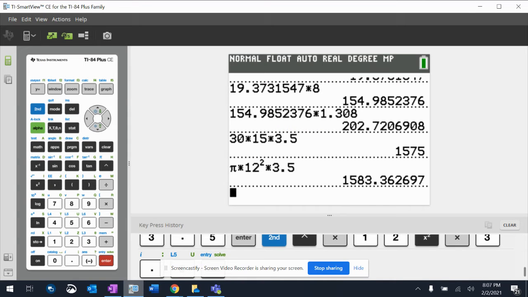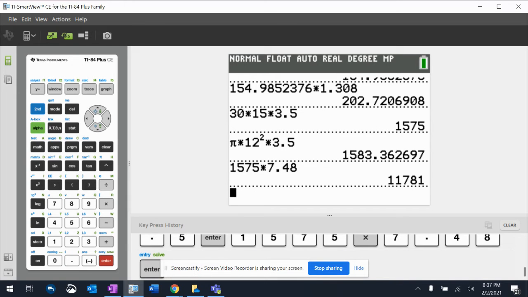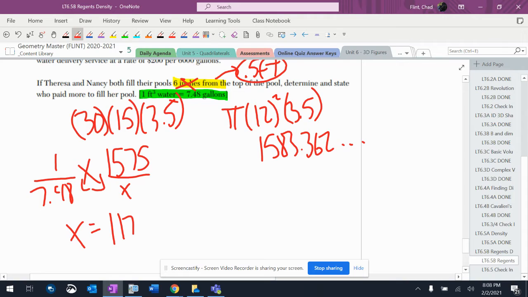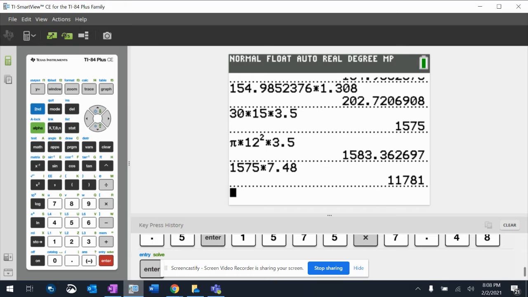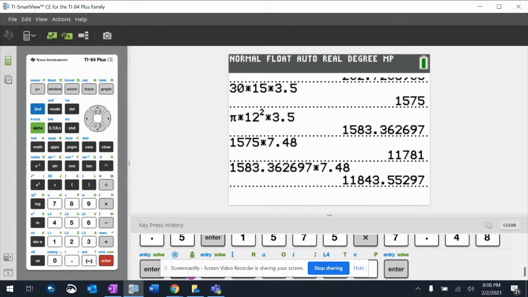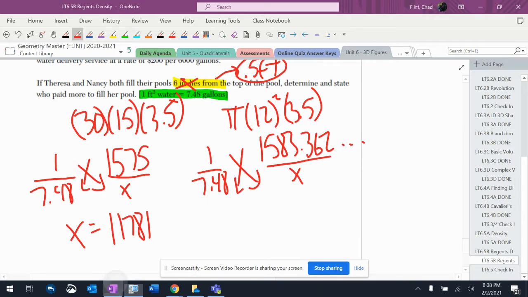So 1575 times 7.48. I get 11,781 gallons for that one. Okay, and then this one, I need to multiply that number times 7.48. 11,843.